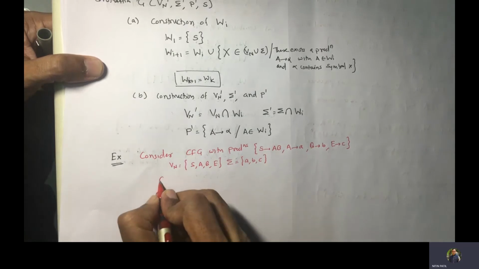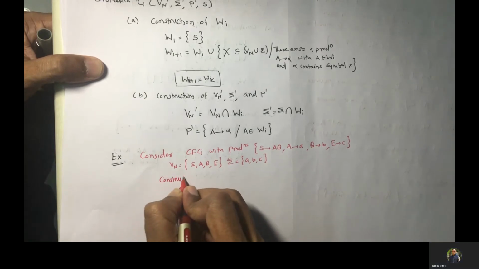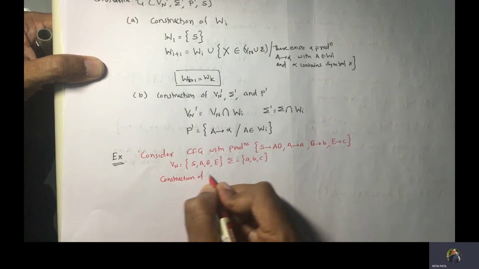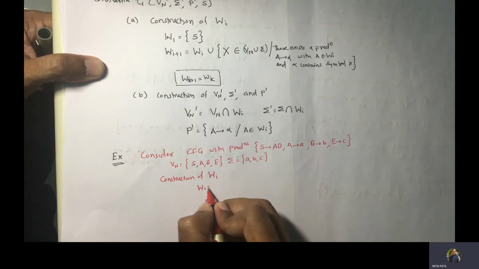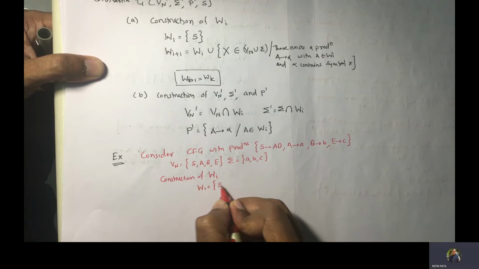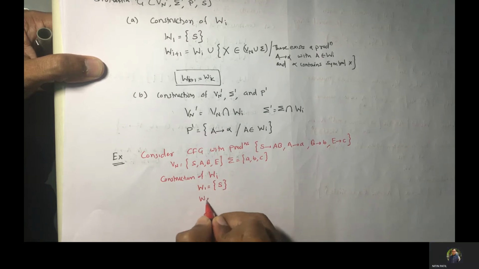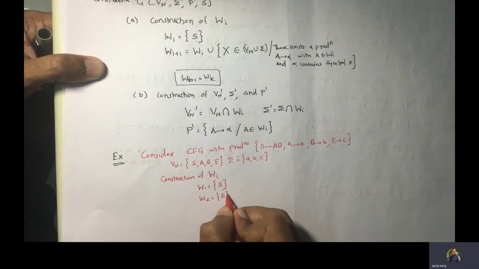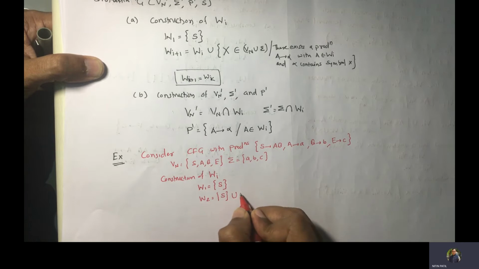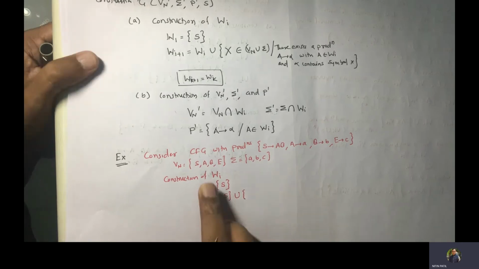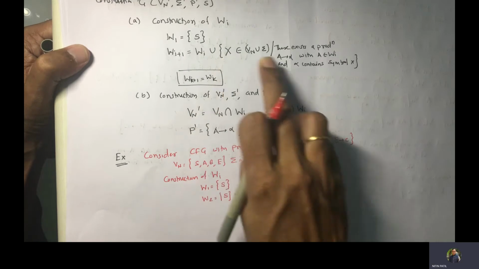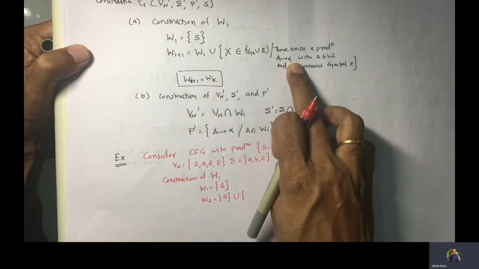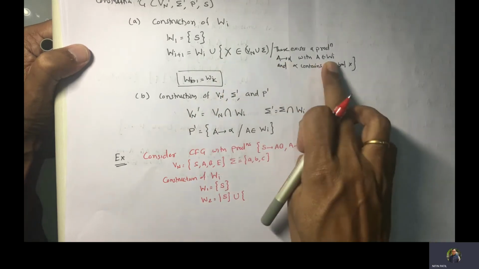So we will take first the construction of Wi. So W1 would be the start variable. Correct. Now W2 would be the start variable union, the symbol X such that this X occurs on the right side of a variable A and A belongs to Wi.